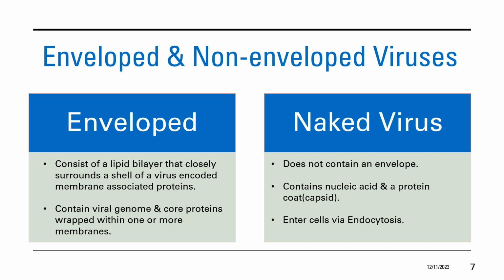It also contains a viral genome and core proteins that are wrapped within one or more membranes. A naked virus does not contain an envelope, hence the name non-enveloped. It contains nucleic acid and a protein coat, which is that capsid we talked about before. And when it tries to enter a host cell, it enters via endocytosis.